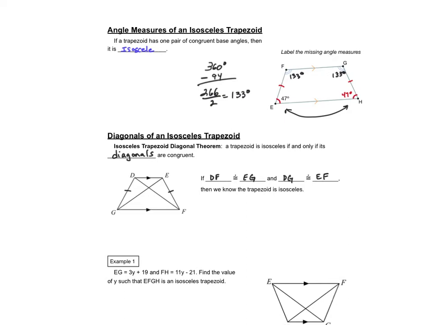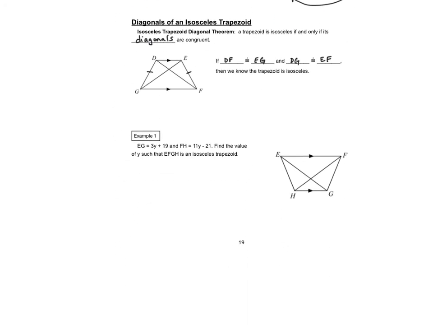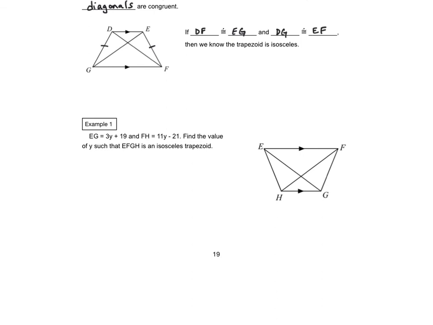Let's look at this example. It tells me that EG is 3y plus 19, and FH is going to be 11y minus 21.